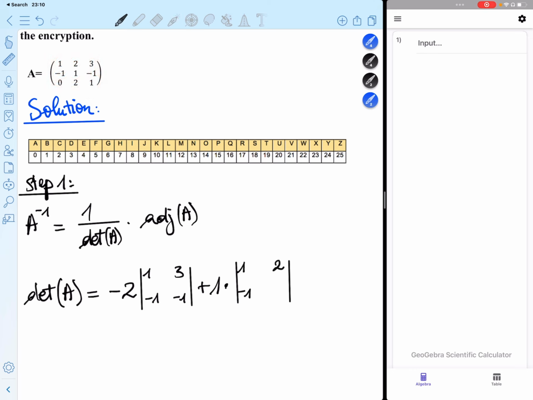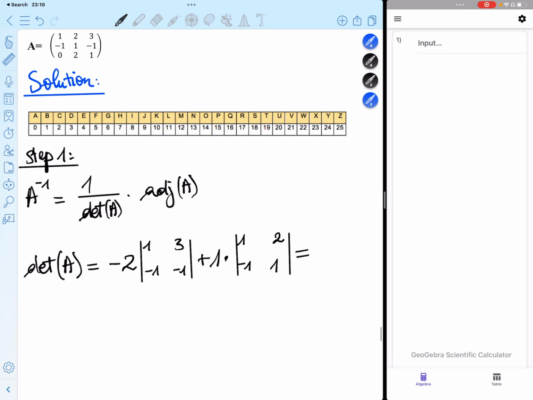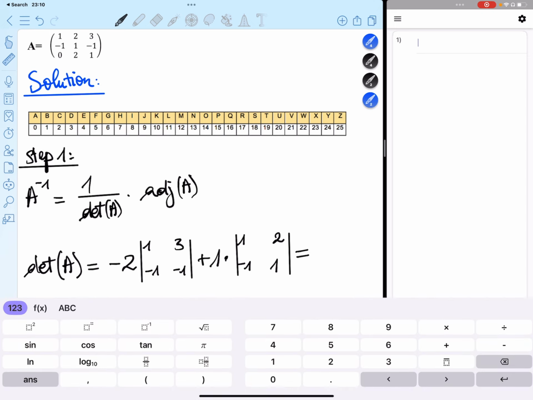Now I can do this using my calculator, so it would be minus 2 times the product between these two minus the product between these two. So it would be times open bracket minus 1 minus 3, so plus 3 plus 3.